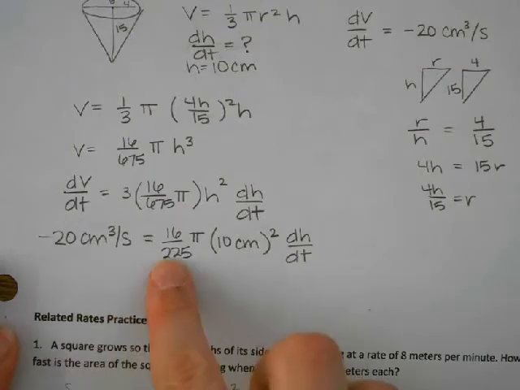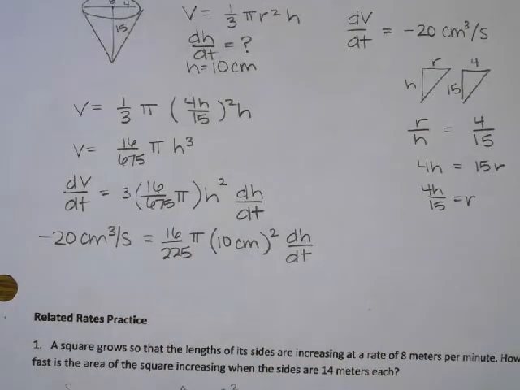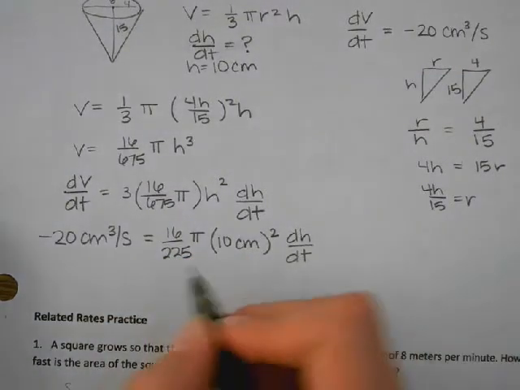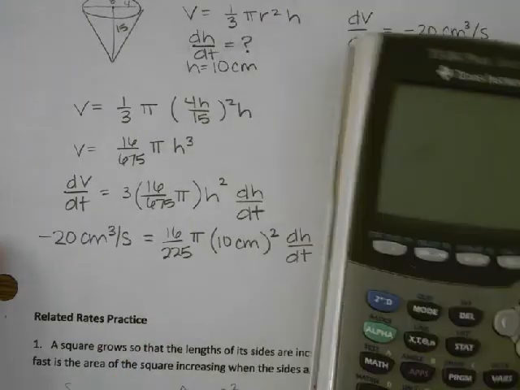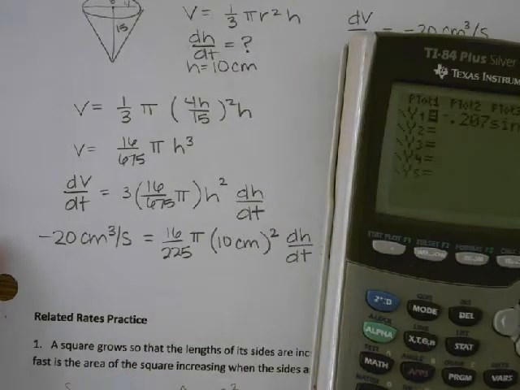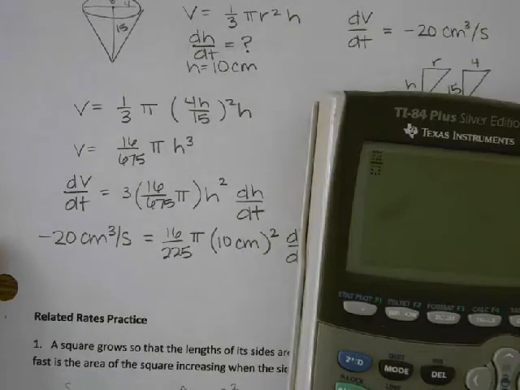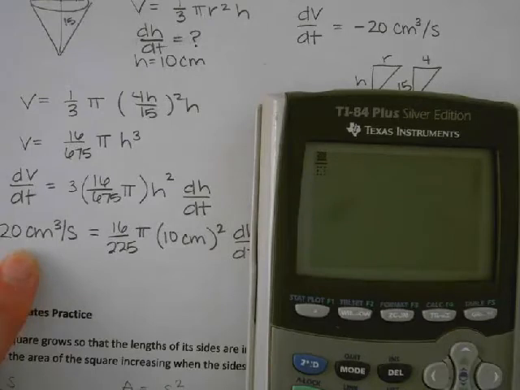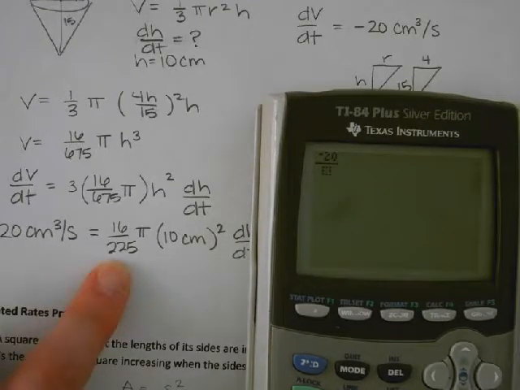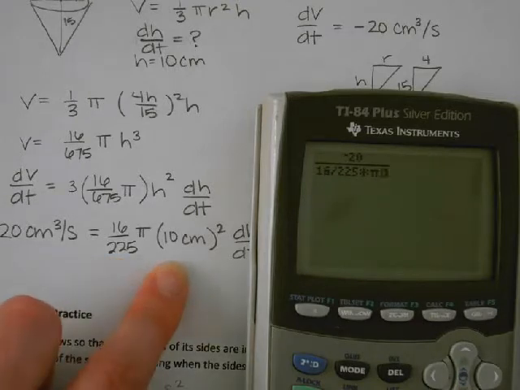And if you do not want to multiply these out before you divide them, that's fine. We can go ahead and just divide all that stuff, and you can do it pretty nicely in your calculator. Oop, don't graph it. So if you do alpha y equals, then you can just type it in exactly the way it looks. So negative 20, and then it would be 16 over 225 times pi times 10 squared.